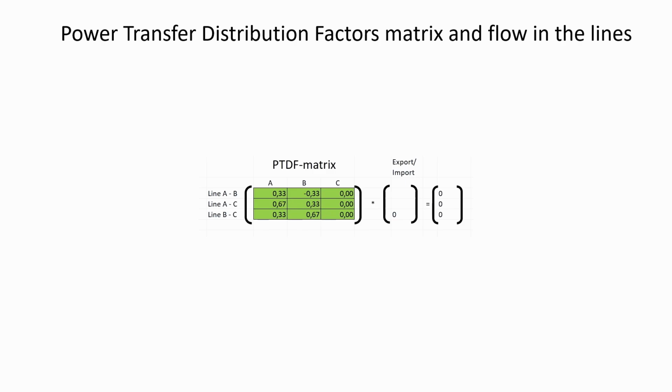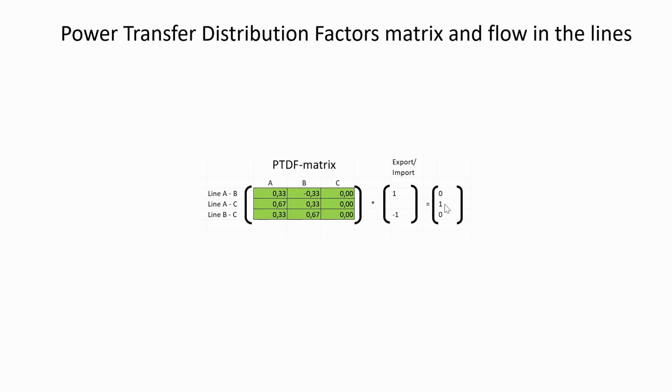Later in this video, I will show you how this matrix is calculated, but here I will show you how it works. If I, for instance, say that in area A we will have an export of 1 to area C, you can see that the line between A and C will have a flow of 1.